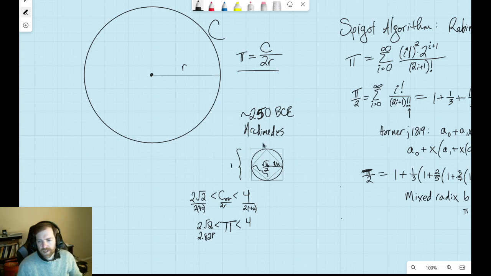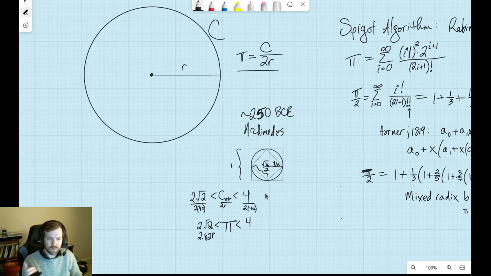So anyway, Archimedes did this with ever more sided shapes. He did it with a square, a pentagon, a hexagon, and started just making more and more sides on the shapes.